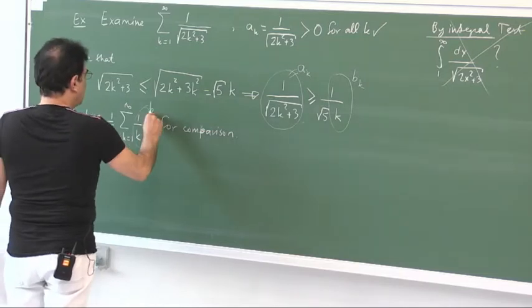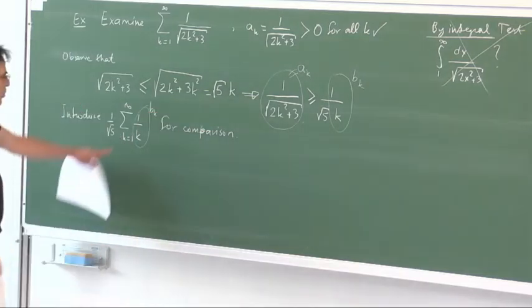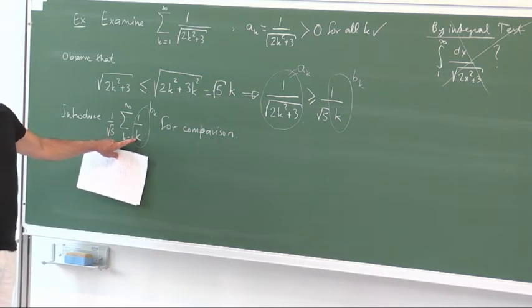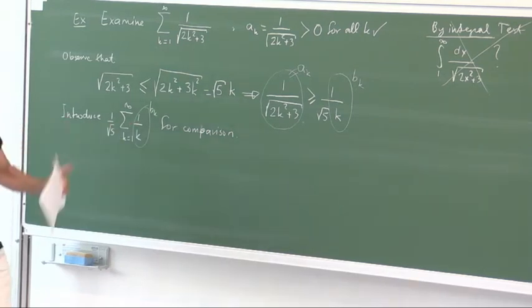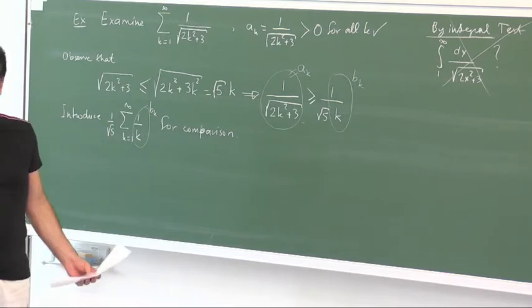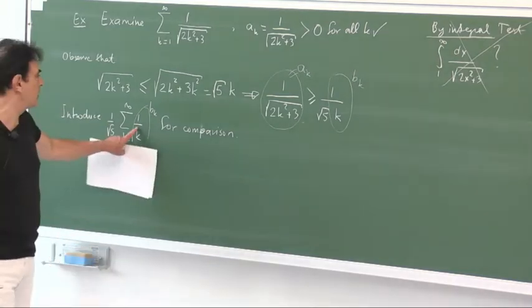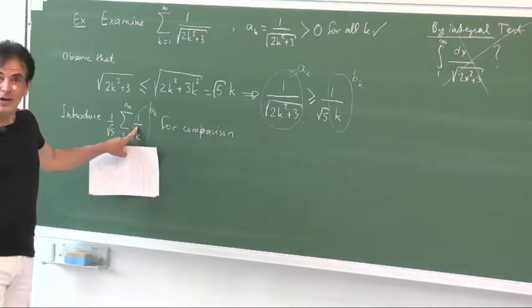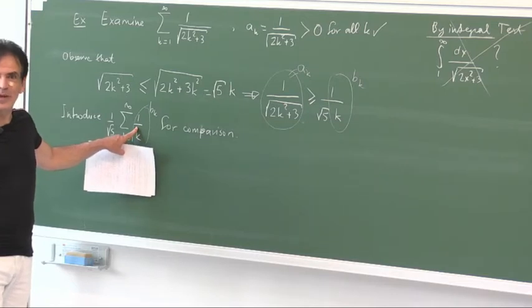This is bk, say. Do you know this series? Yes, we say that the series we introduce for comparison must be a series whose convergence behavior is very well known. And actually, this is nothing but the harmonic series, which is known to be divergent.